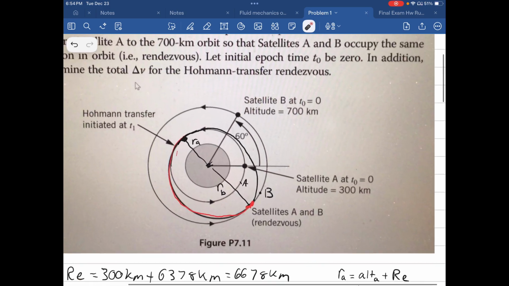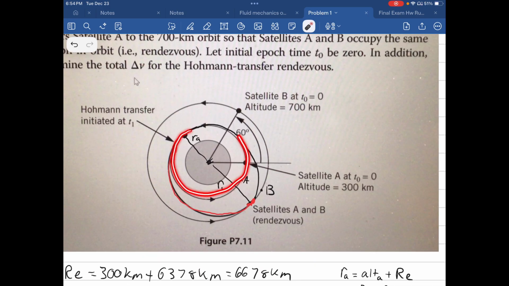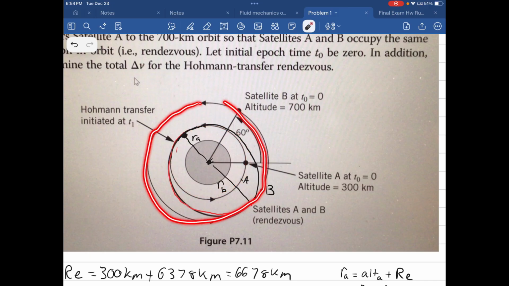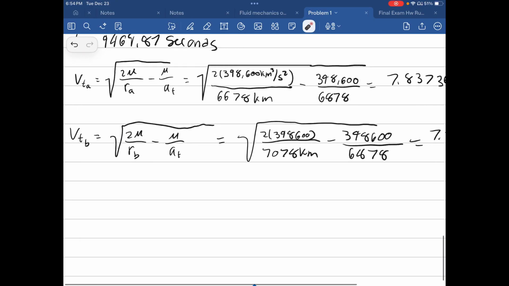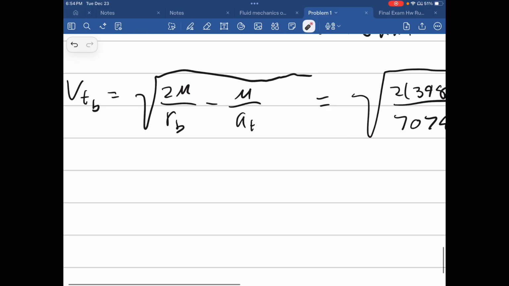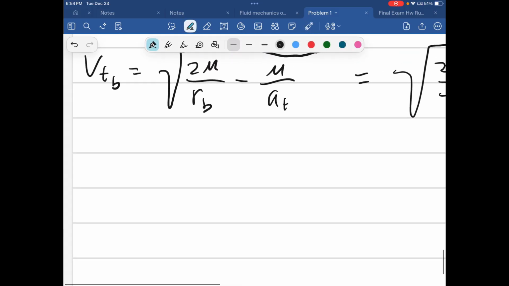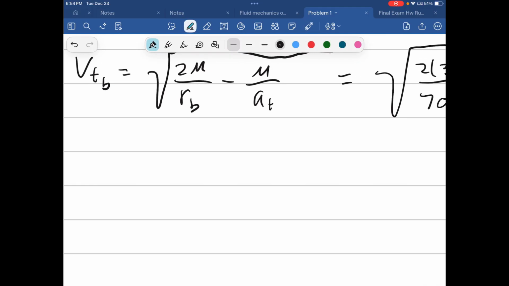So now we have all of our velocities, right? If we look up here, we have the velocity of this orbit, the velocity of this transfer point from the ellipse, the velocity of this orbit, and the velocity of this transfer point from this ellipse. So now we can calculate our final difference in velocity.